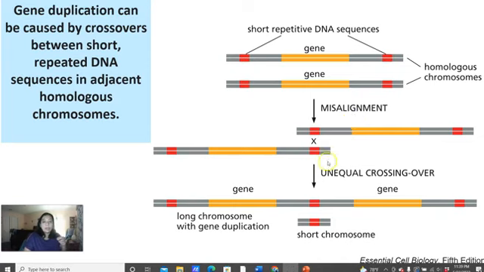When these chromosomes try to match up for crossing over, they may cross over incorrectly by matching up with the wrong repetitive sequence. This misalignment can then lead to an unequal crossover product at the end. So you can end up with a short chromosome which is missing any copy of the gene, versus a long chromosome which has these two genes in tandem, duplicating that product.